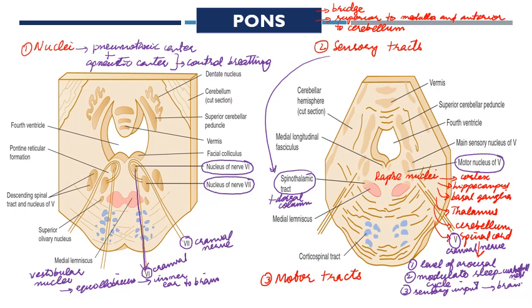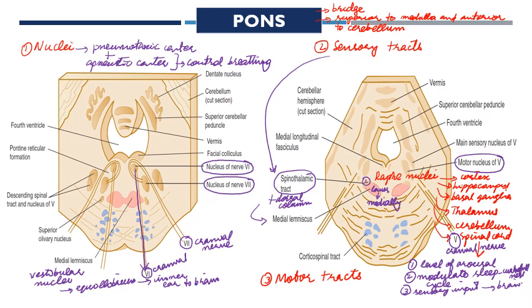The fibers of these tracts join the medial lemniscus and ascend upward towards the cerebral cortex. The fibers from the upper half of the body are located laterally, while the fibers from the lower half of the body are located medially.